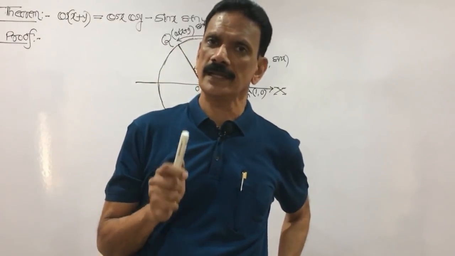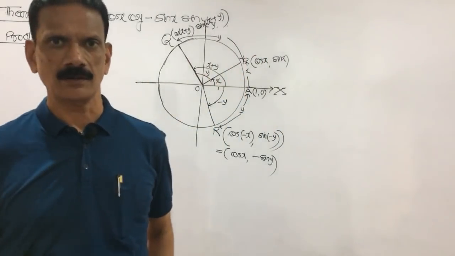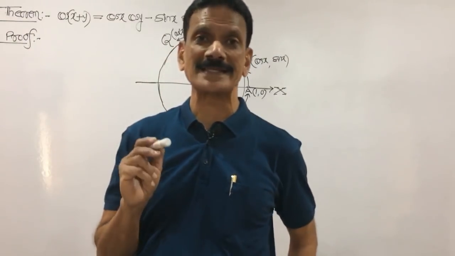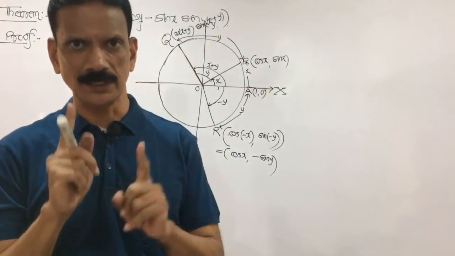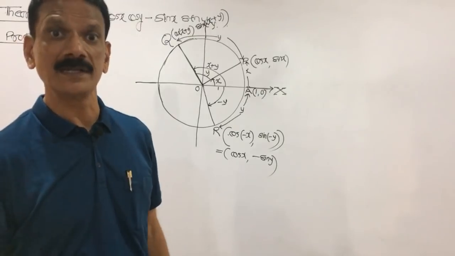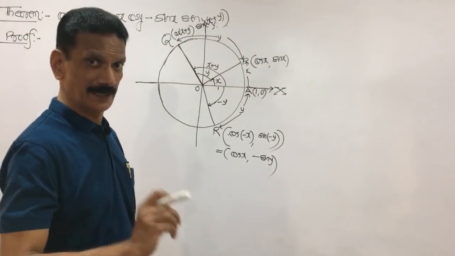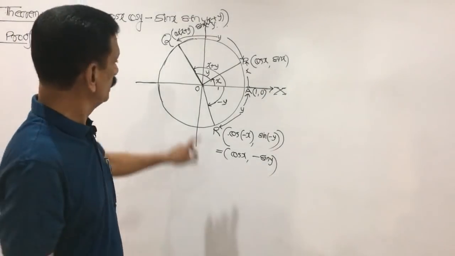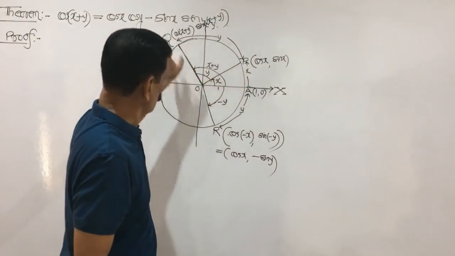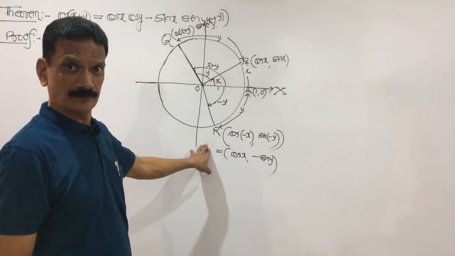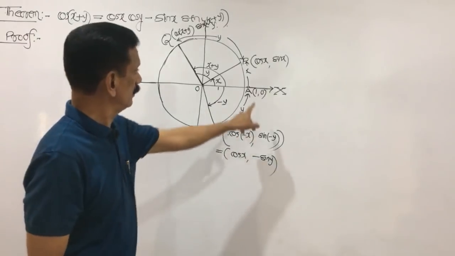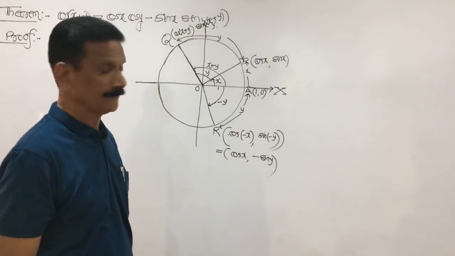So in this theorem, we have considered a circle of radius 1 unit, 1 centimeter, 1 foot, 1 meter, etc., whose center is at the origin. We have taken the points P, Q, R and A, which is on the x-axis, whose coordinates are 1, 0.